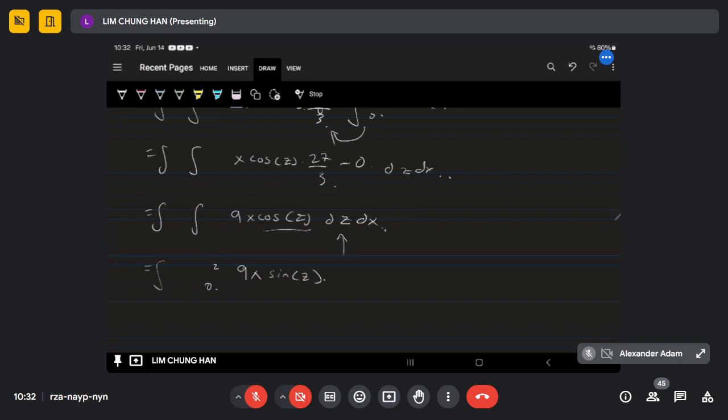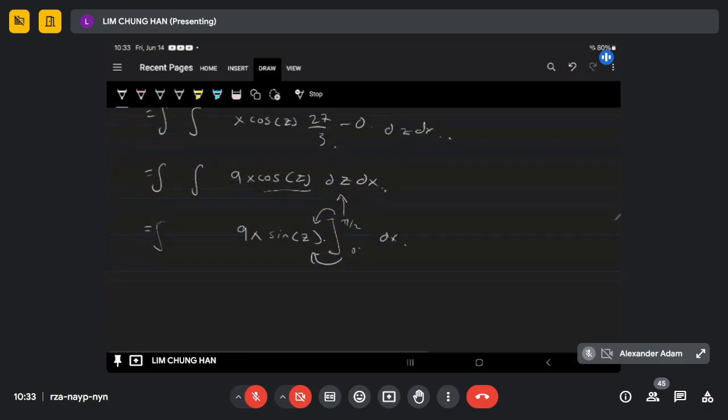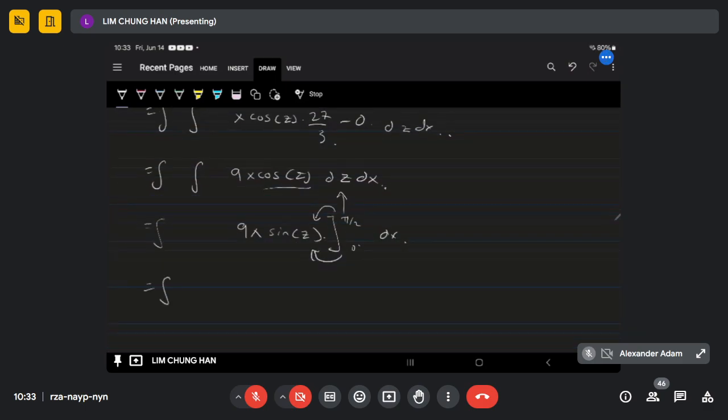Then you substitute pi over 2 and 0. Sine pi over 2 minus sine 0.